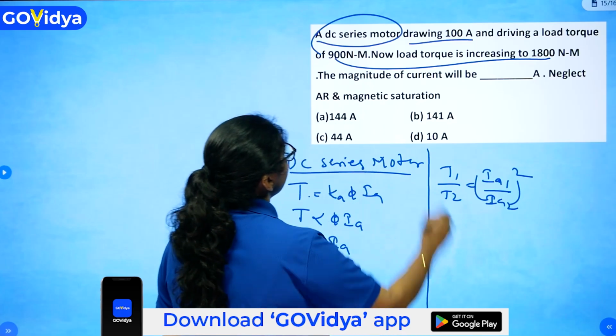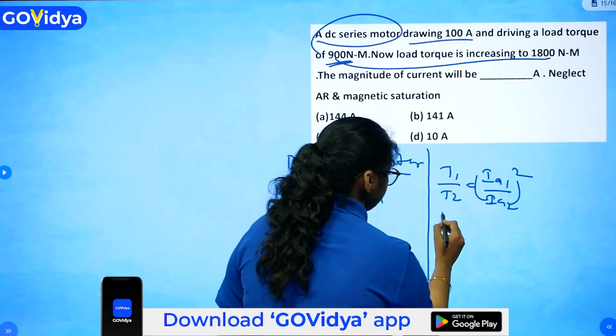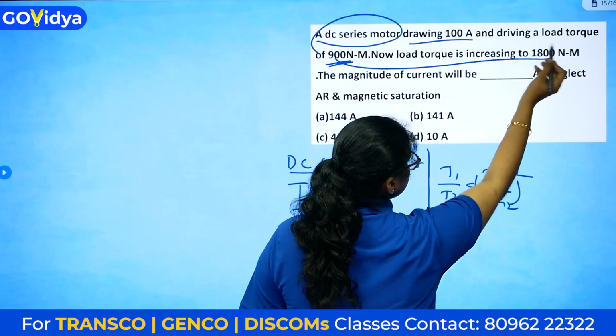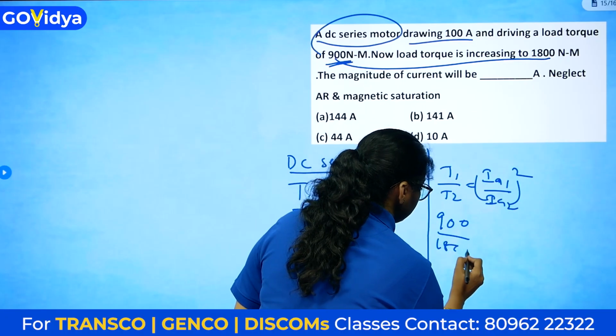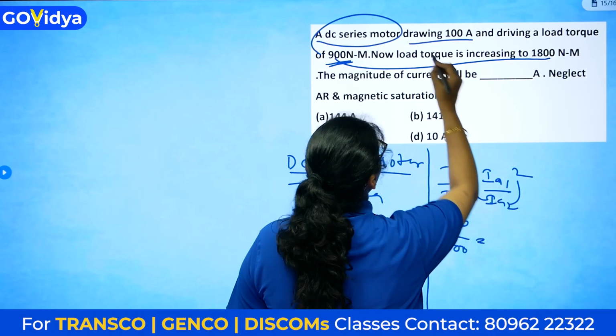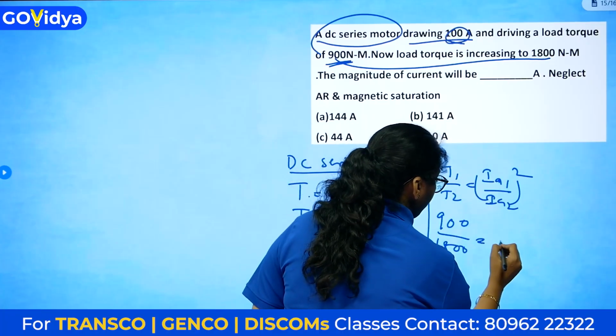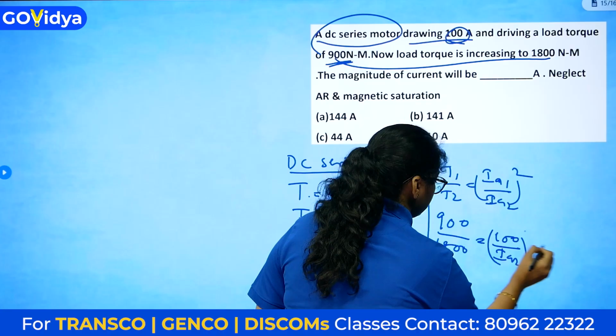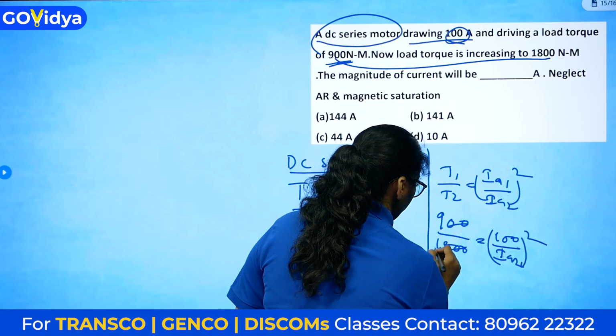So the value of T1 is 900. Now this 900 has been increased to 1800, that is known as T2, 1800. So that is equal to Ia1 value is 100 by, I have to calculate the Ia2 value. So this is 1 by 2.